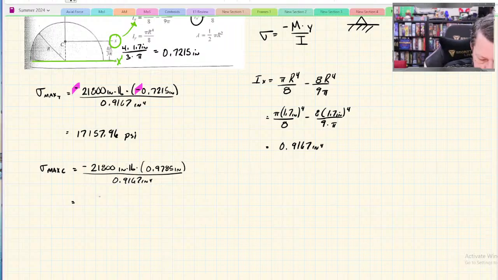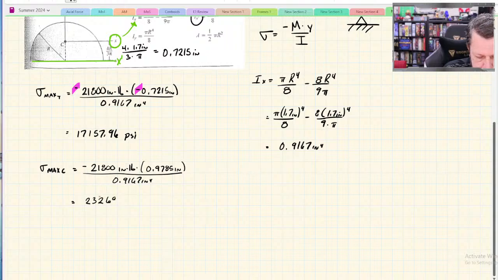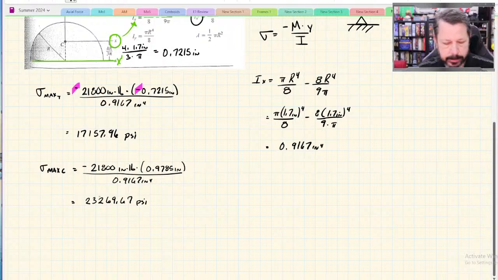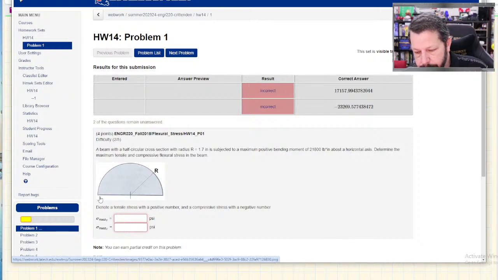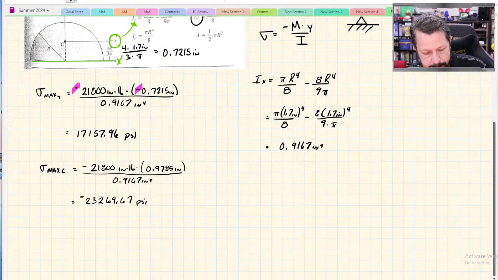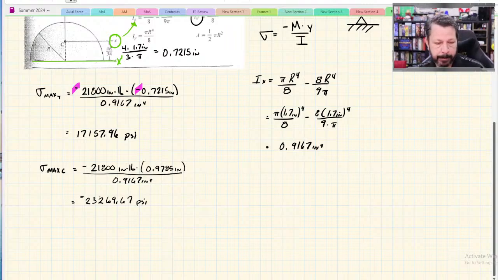And I get a larger 23,269.67 PSI, and it's negative. Yeah, that's what they have, 0.58, and I got 0.67. That's probably within tolerance for that.